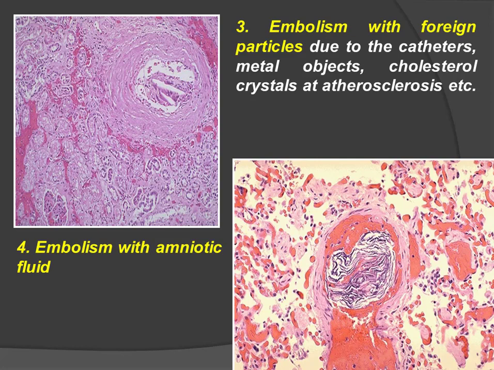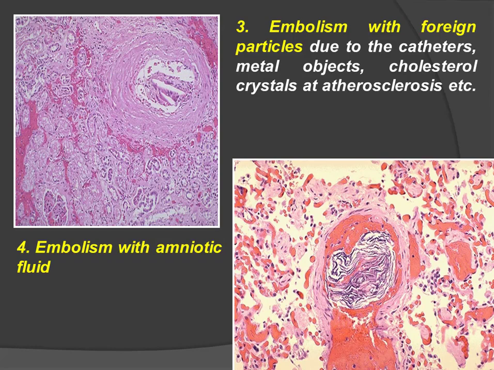Embolism by foreign bodies. It's embolism due to fragments of shrapnel, bullets, and other bodies, catheters and needles. It may often lead to the development of retrograde embolism due to the heavy mass of the embolus.